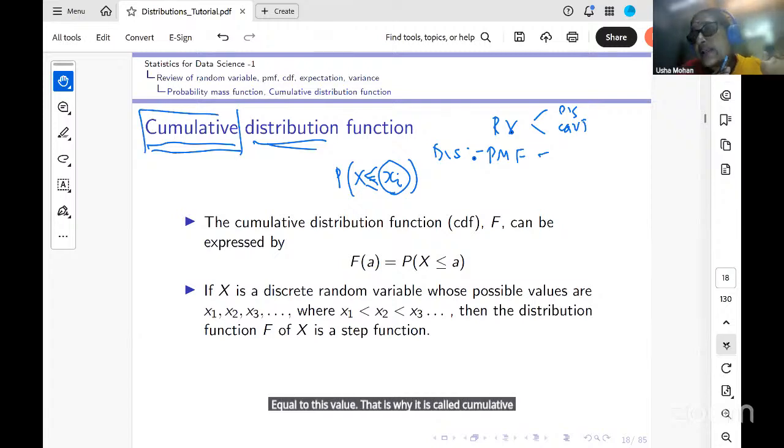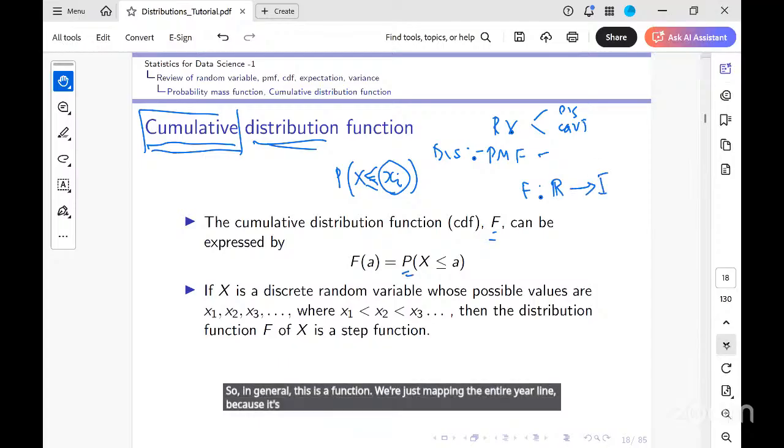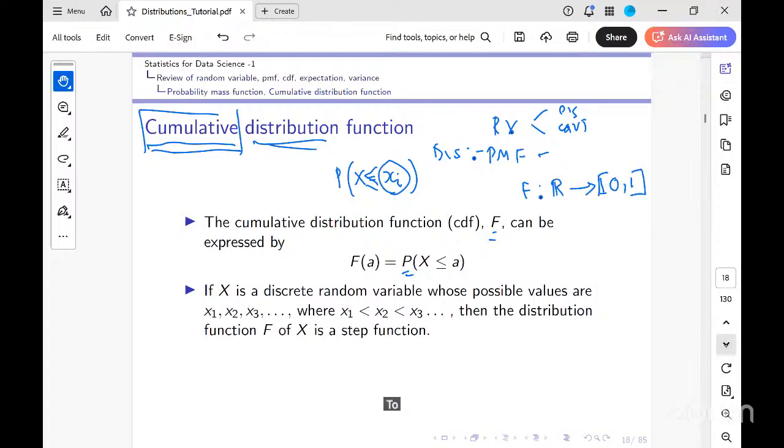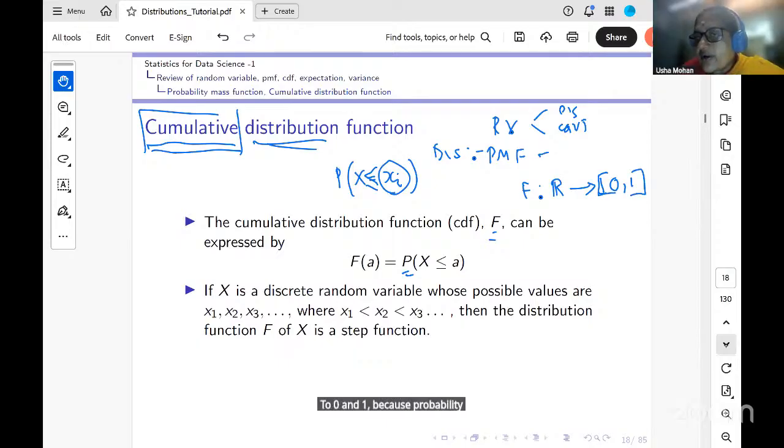I am accumulating. So in general, this is a function which is mapping the entire real line, because it's a probability, to 0 and 1. Because probability will lie between 0 and 1. And this is defined for every value on the real line. So suppose I have a random variable which is discrete.